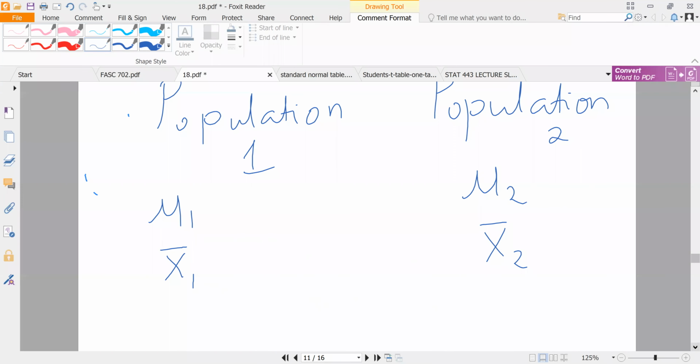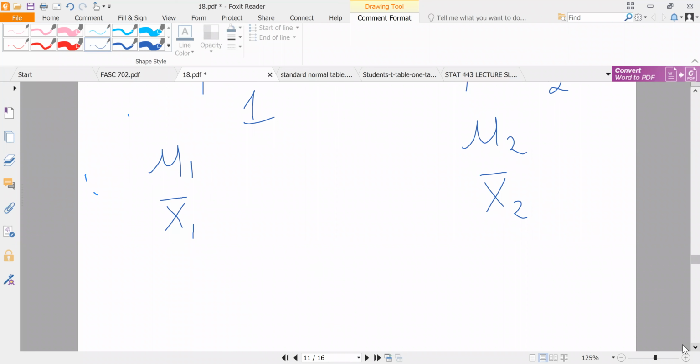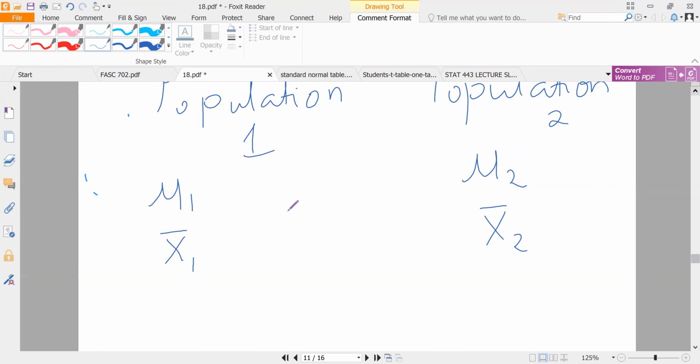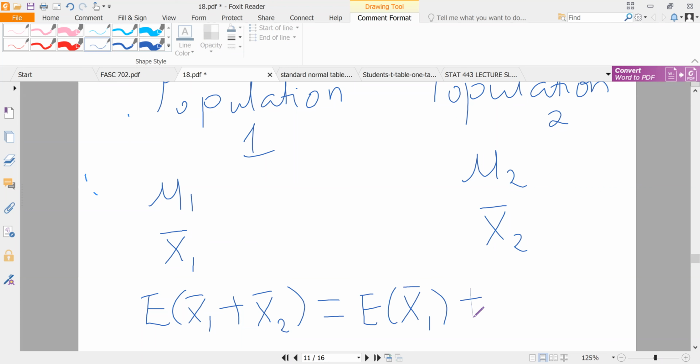Now, if X bar 1 and X bar 2 are sample means from independent populations, then the expectation of X bar 1 plus X bar 2 is equal to the expectation of X bar 1 plus the expectation of X bar 2.